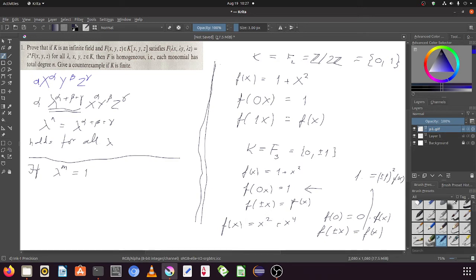Now, so if this holds for all the monomials, then lambda to the n equals 1.